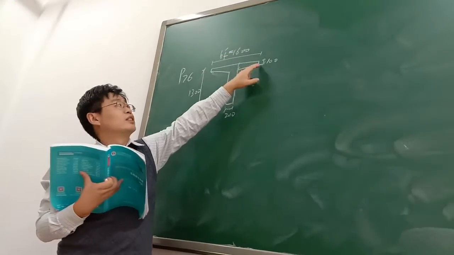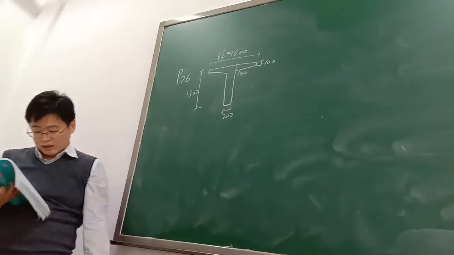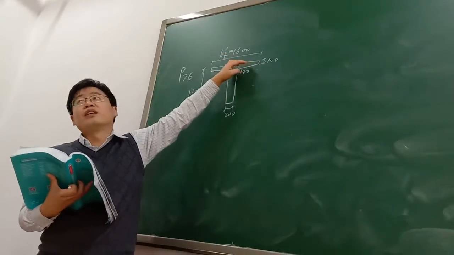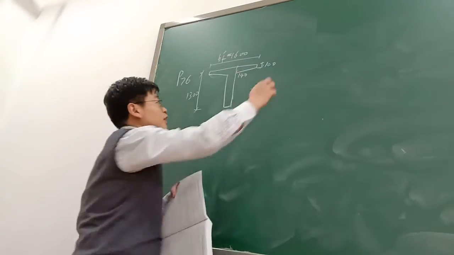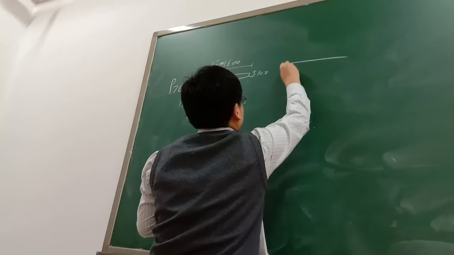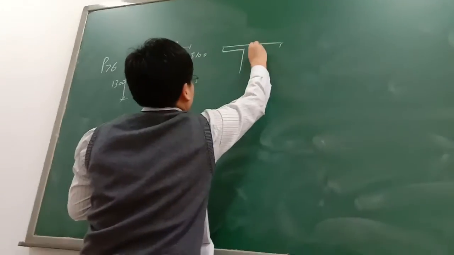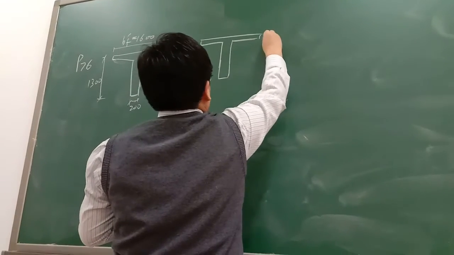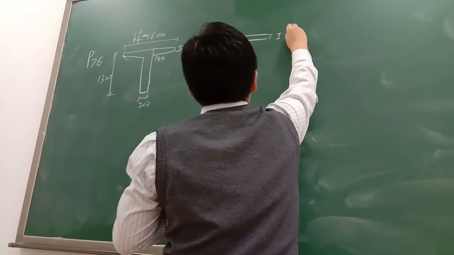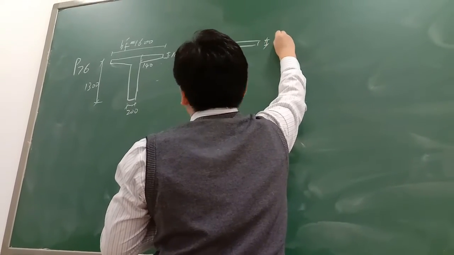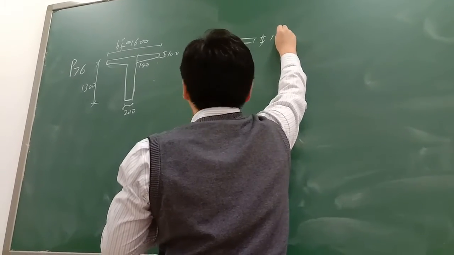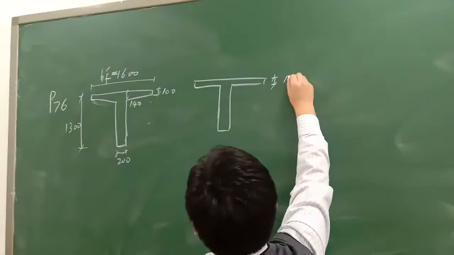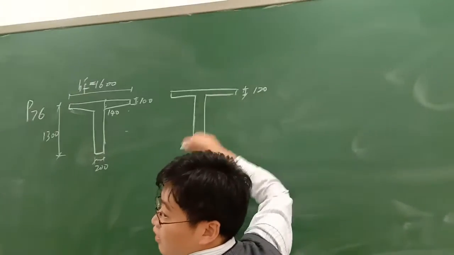In our book, when we calculate it, we make the average, just like this. So the average thickness should be 120.